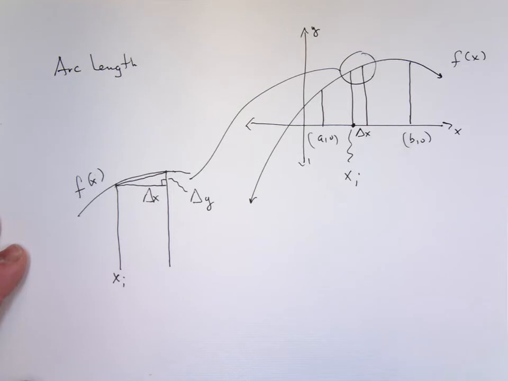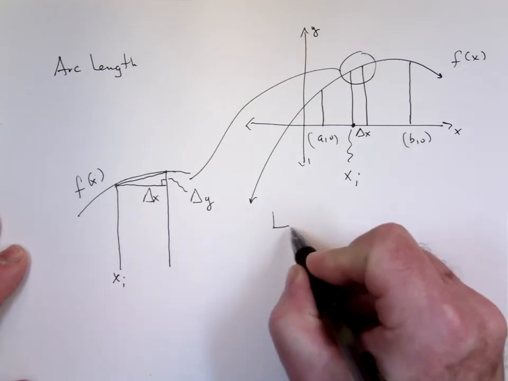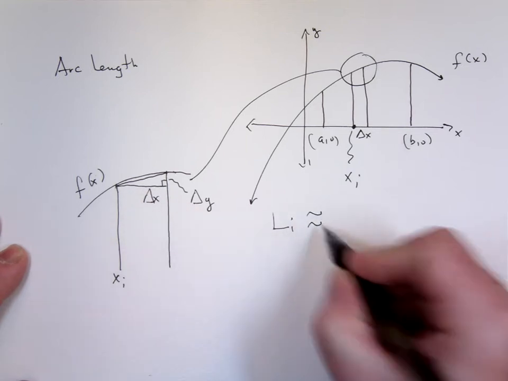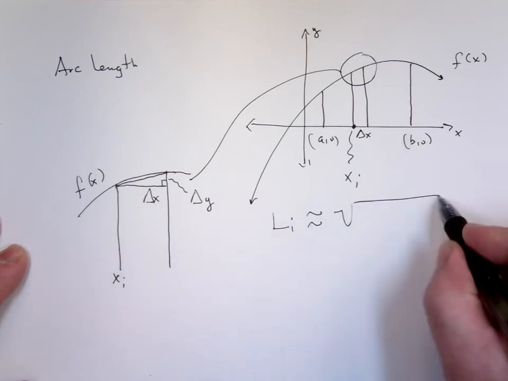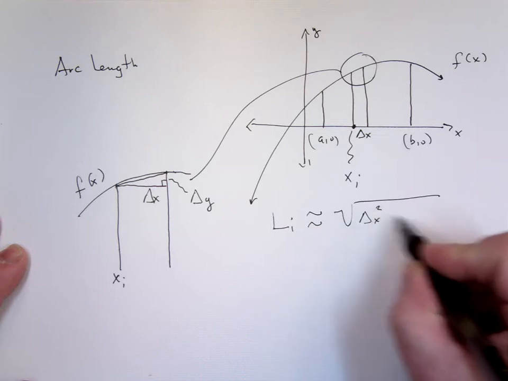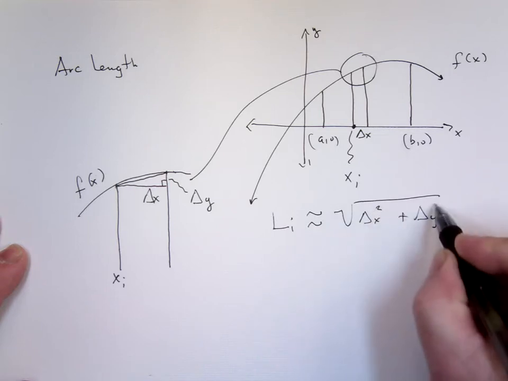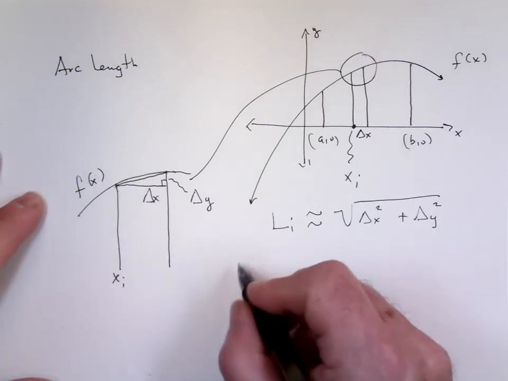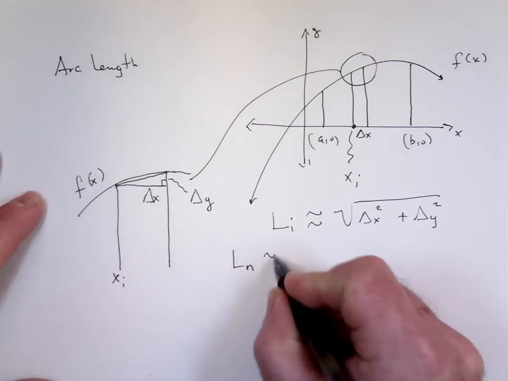Let's do it. So the length of this ith piece is approximately equal to the square root of delta x squared plus delta y squared. Well, let's sum up all these pieces to get the length in terms of n rectangles.